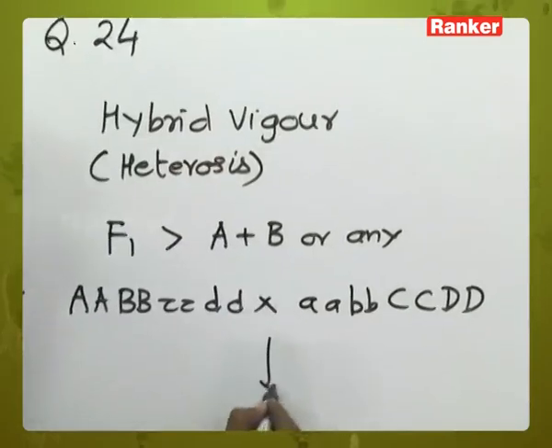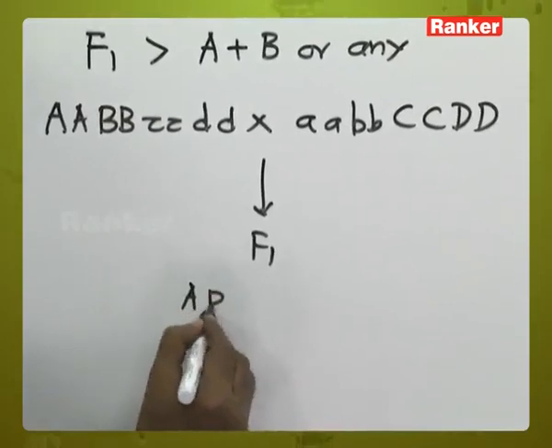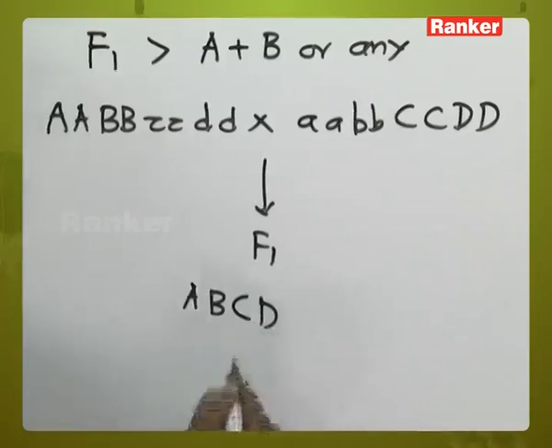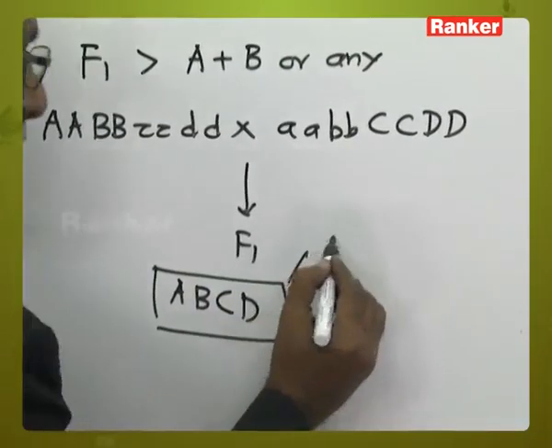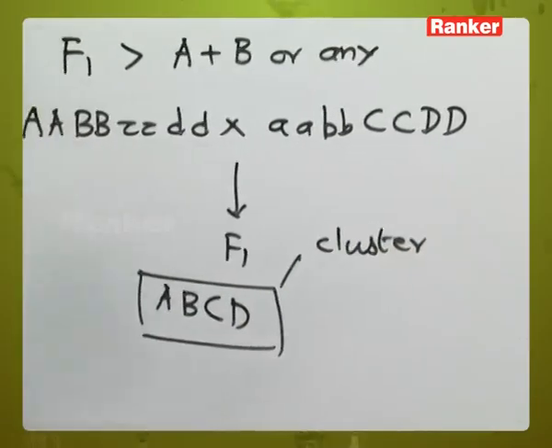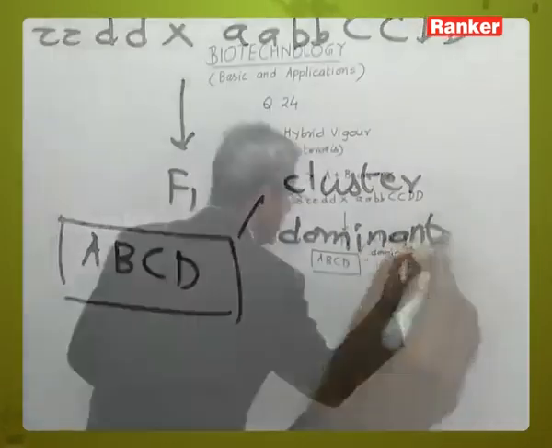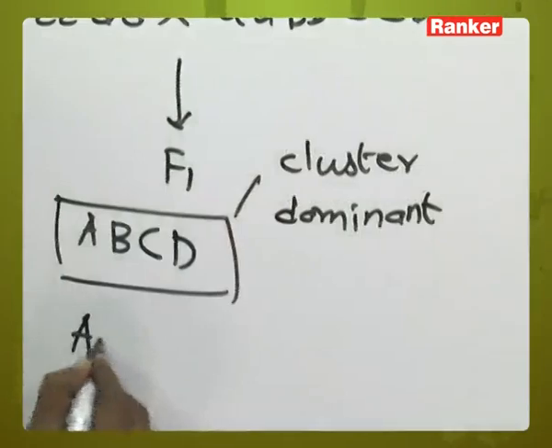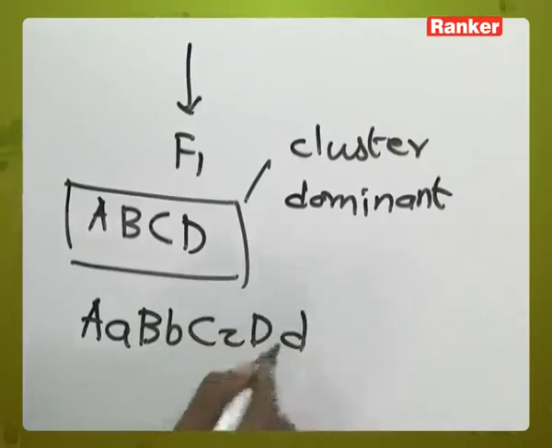Now, in the F1, we have a capital A, capital B from here, and again we have a capital C and a capital D from here. So, A, B, C and D indicates the cluster of dominant genes, along with the recessive.